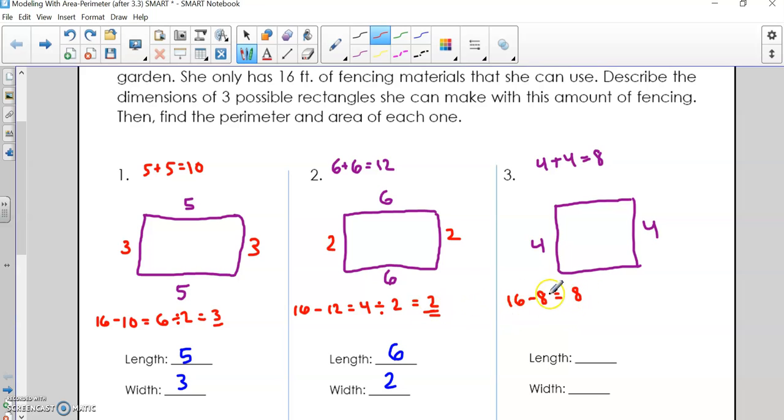So in order to properly distribute that 8 feet on this rectangle, we have to divide it by 2 because we have 2 more sides that we have to give fencing to, and those have to be equal, right? Because that's how rectangles work. And so we get 4. That tells us that these 2 sides will be 4.